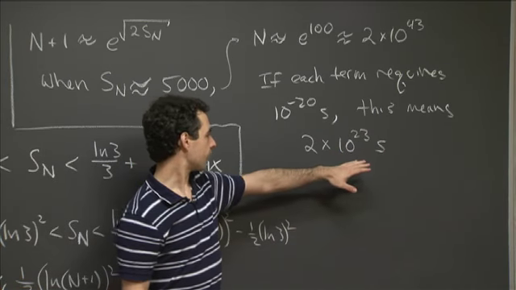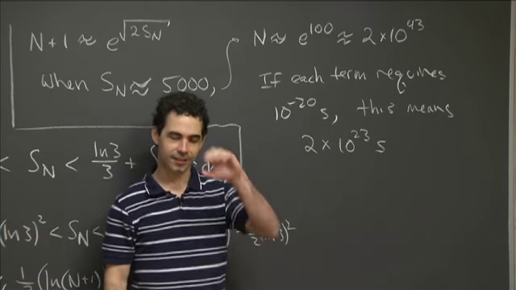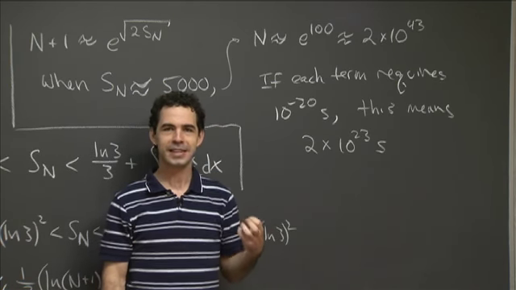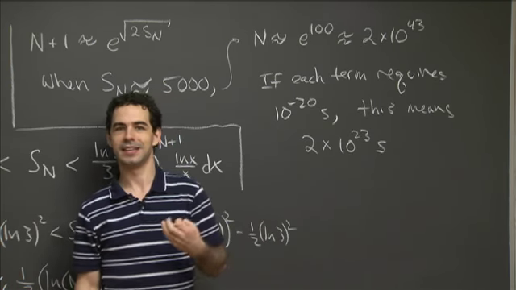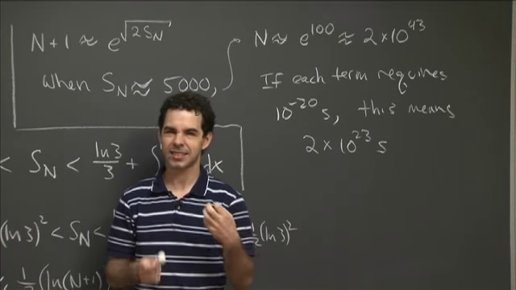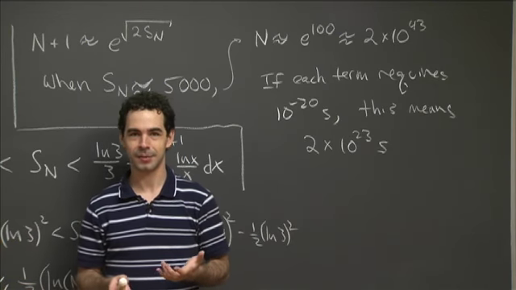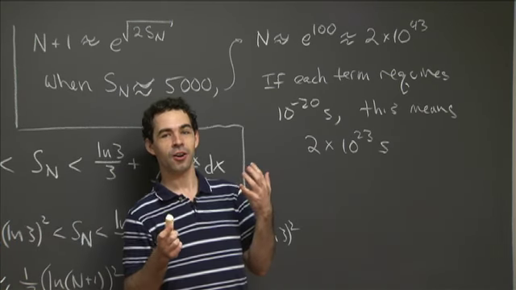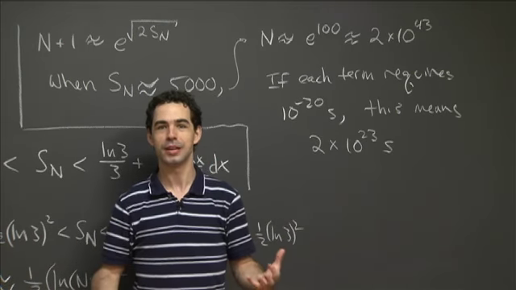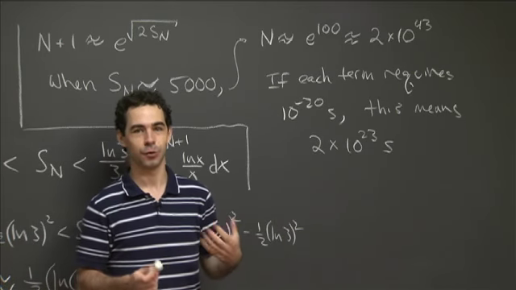Now, this is a big number, right? So let's think about how big a number this is. Because there are big numbers, and then there are ridiculously big numbers. So maybe this 10 to the minus 20 is a bad estimate. Maybe you are emperor of the world, and you can harness all the computing power in the entire world to work on this problem.